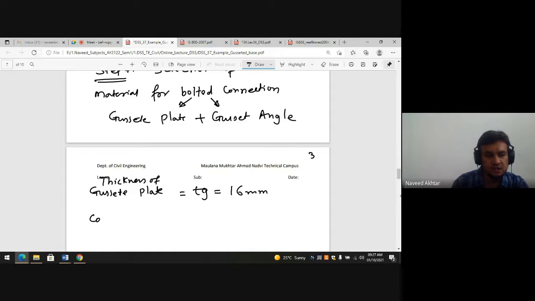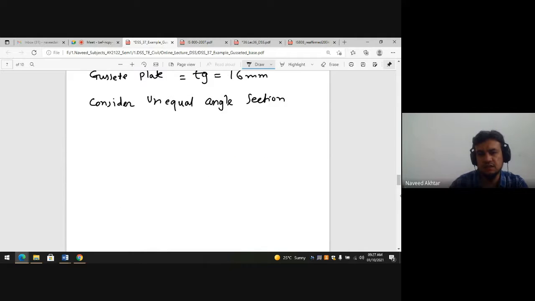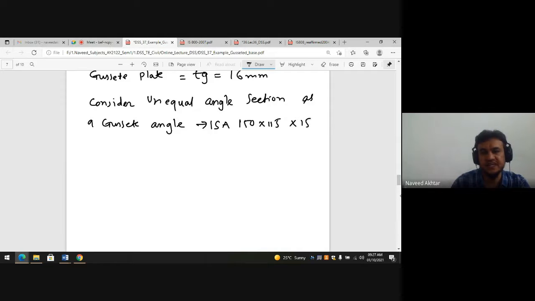And consider an unequal angle section as a gusset angle, of size ISA 150 by 115 by 15 mm.